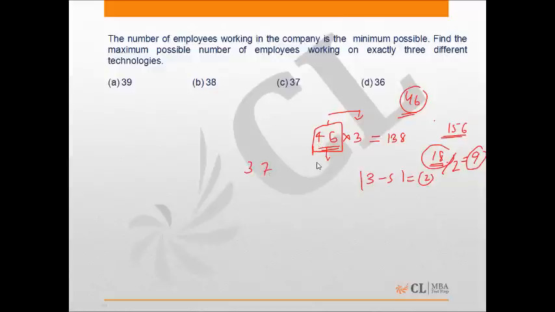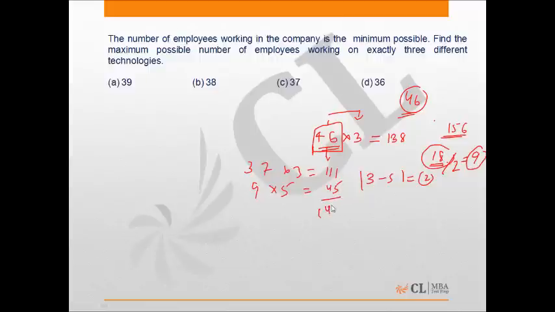we would be left with 37 kids with 3 chocolates and 9 kids with 5 chocolates. So let's see whether the sum of these two numbers adds up to 156 or not. 37 into 3 which is 111 and 9 into 5 which is 45.